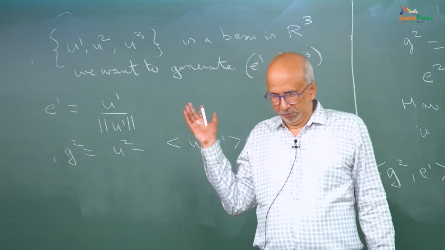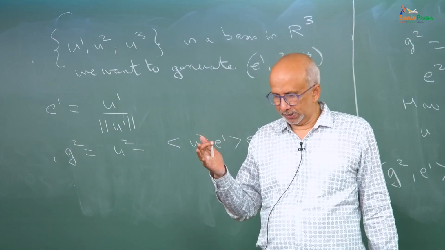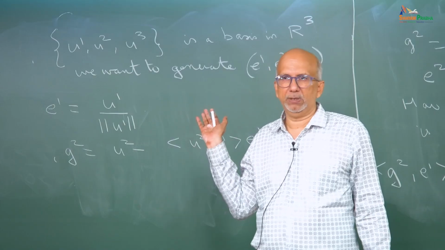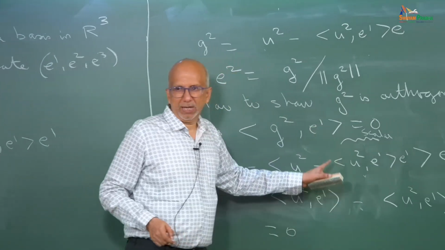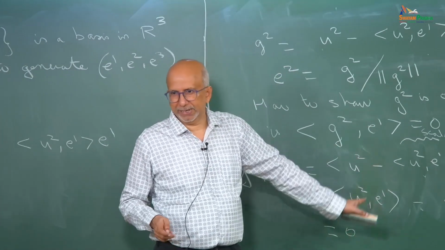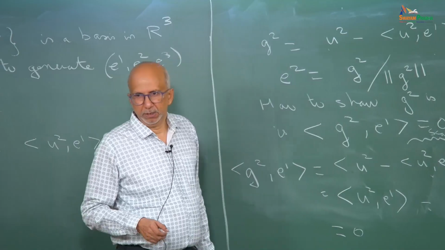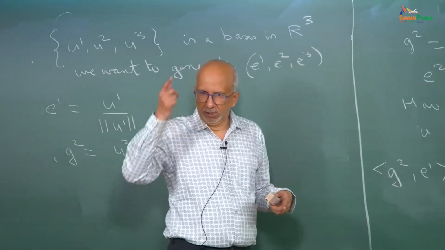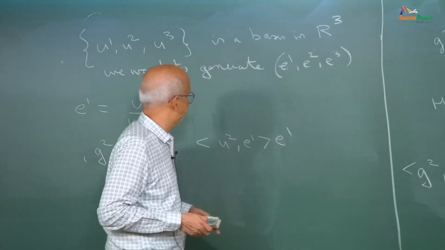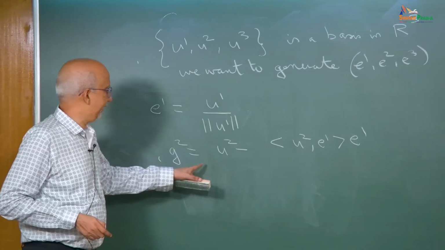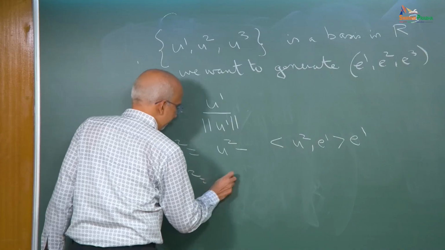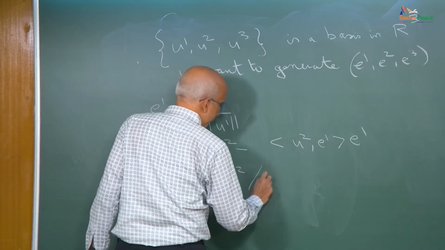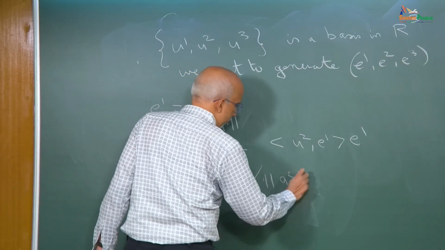For the sake of visualizing geometrically, I talked about R2, but if I am going to use this formula, I am not restricted to R2, because the inner product can be for any n dimensional vector. So I can use this to get G2, and again E2 will be G2 divided by the norm of G2.